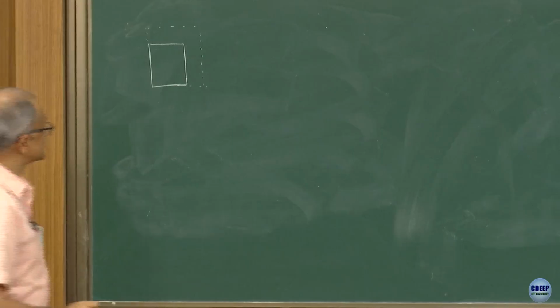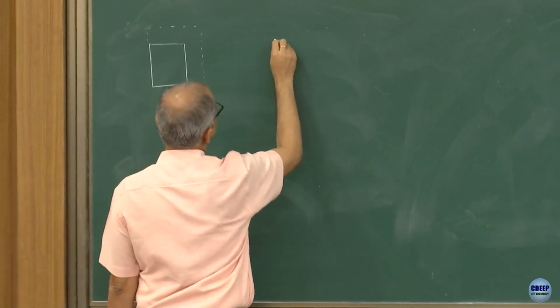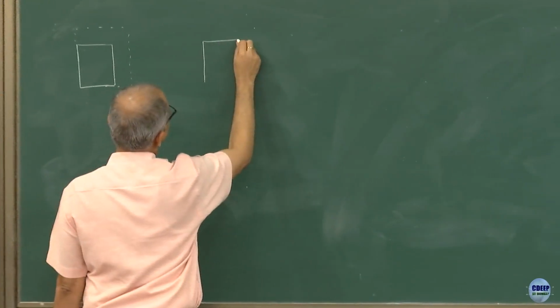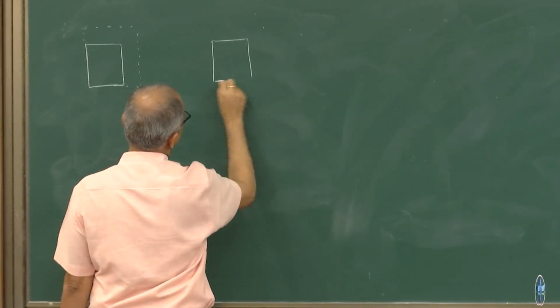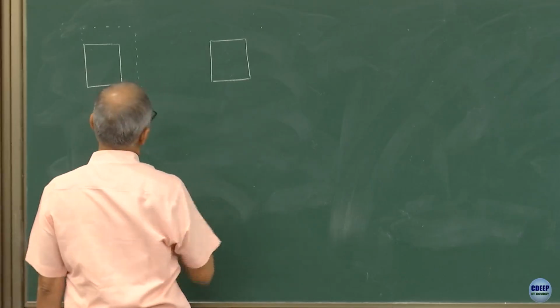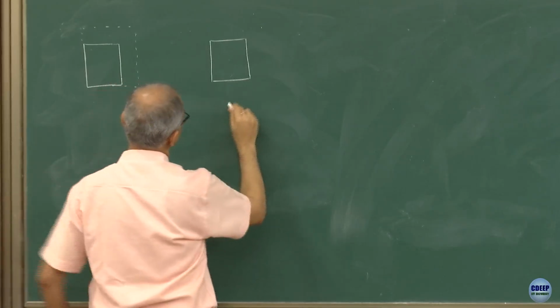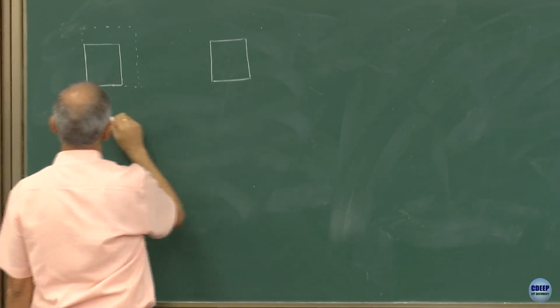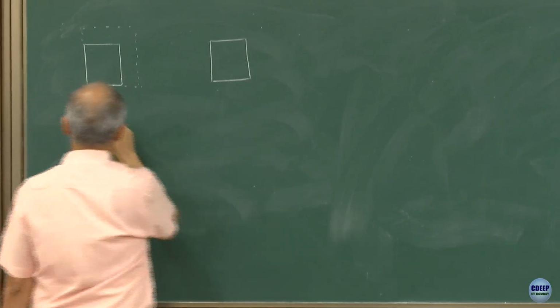So this is one option. The other thing that it can do is, first, translation, it just translates. So this is deformation, dilation.